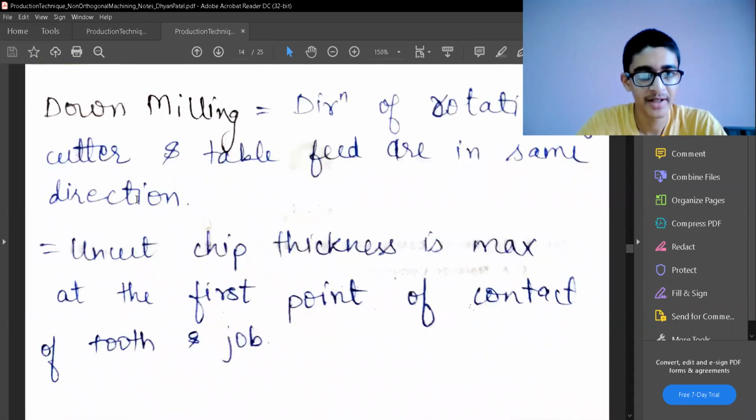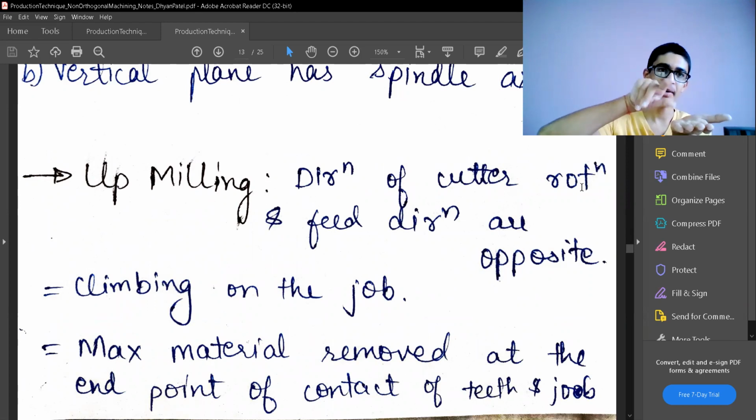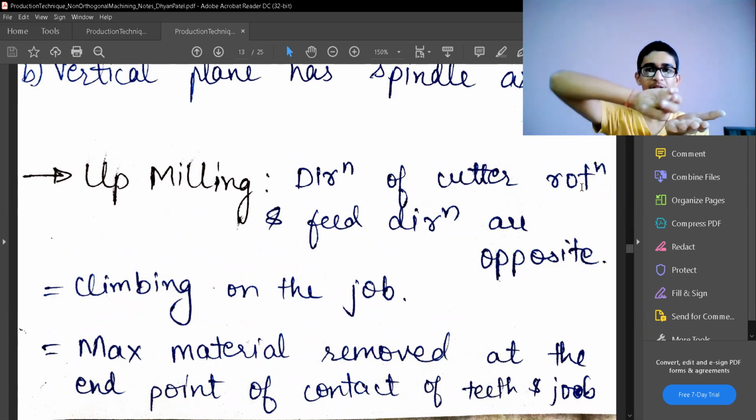Then we have up milling and down milling. In both of them there can be two variations, up milling and down milling. One of them is up milling, which refers to the direction of cutter rotation. In the milling operation, we have a surface or the table, and my tool is going to rotate.